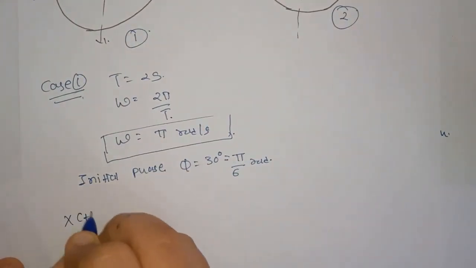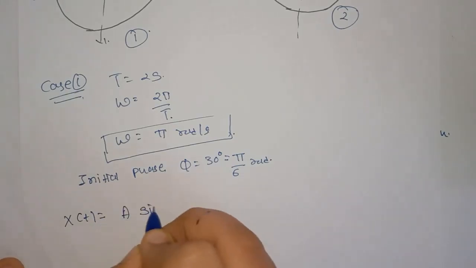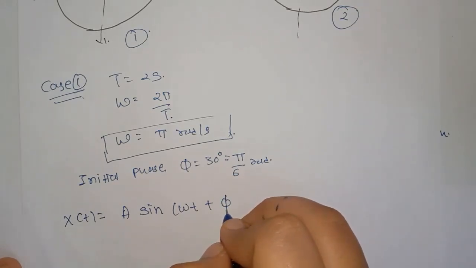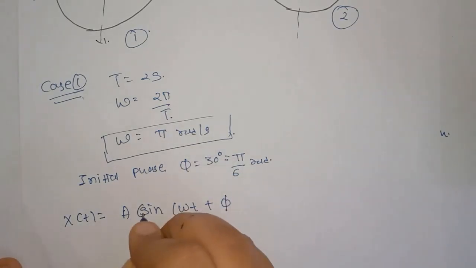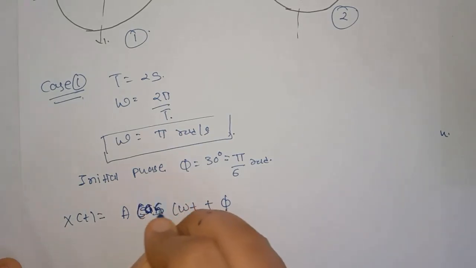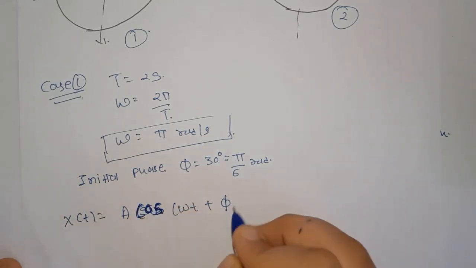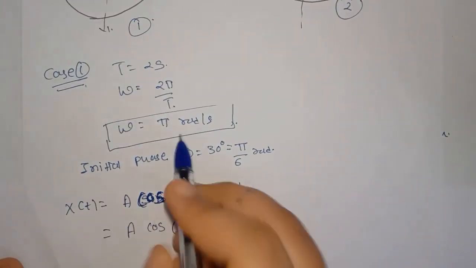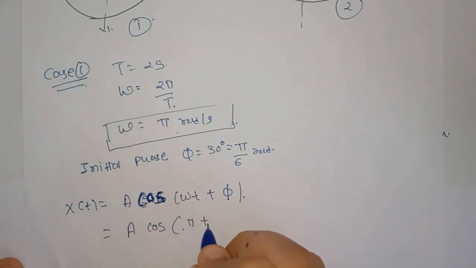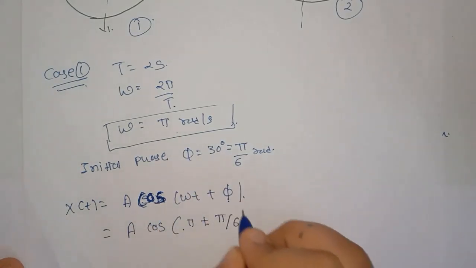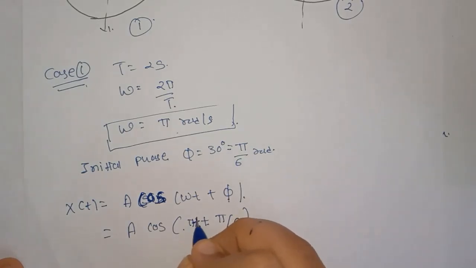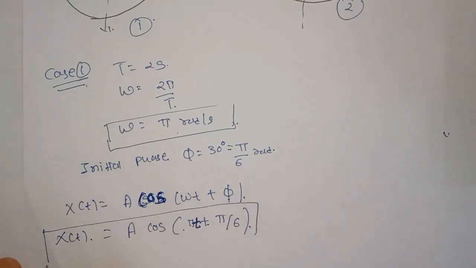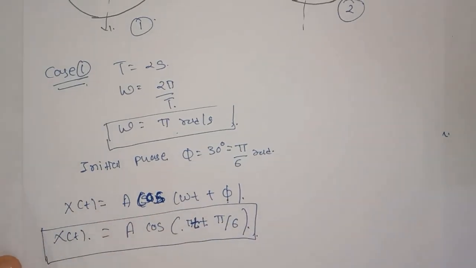So x of t is a sine of omega t plus phi, but we want the projection on the x-axis, so we will use cos. So a cos of omega t plus phi. Here amplitude is a, omega is pi, plus the initial phase is pi by 6. So this will be the equation of the projection on the x-axis for case 1.